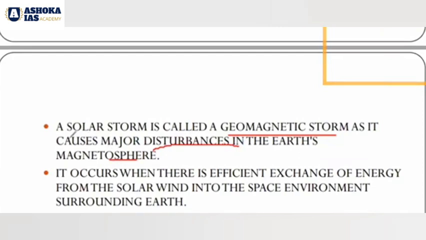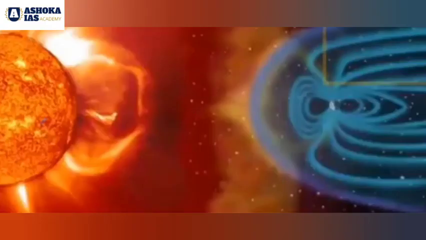When the solar storm comes from the sun and interacts with the magnetic field of the Earth, I'll show you in the diagram again. See, when the solar flares reach up to Earth and interact with the magnetic field of the Earth, and if they disturb the magnetic field to a very high extent, then we call it geomagnetic storm.